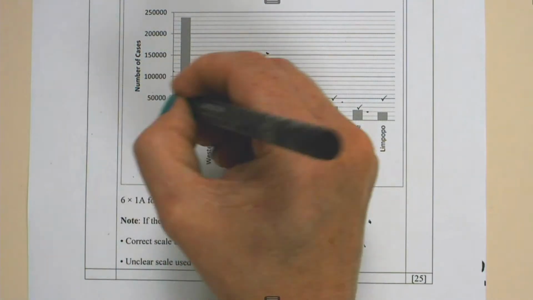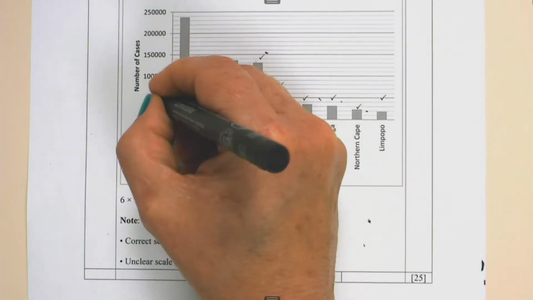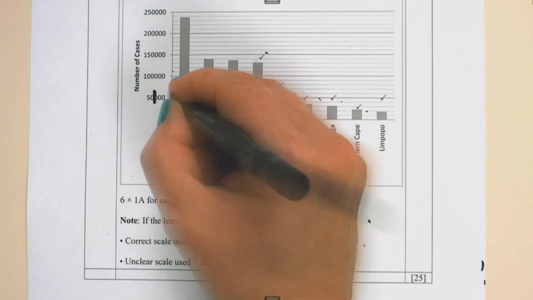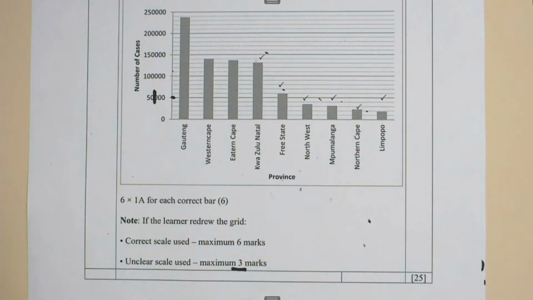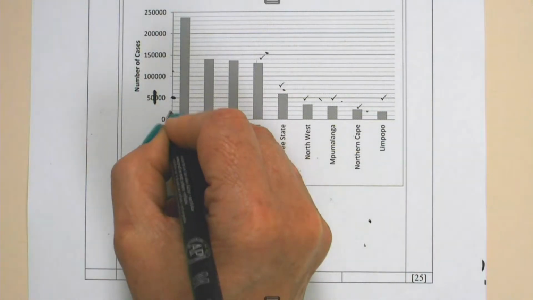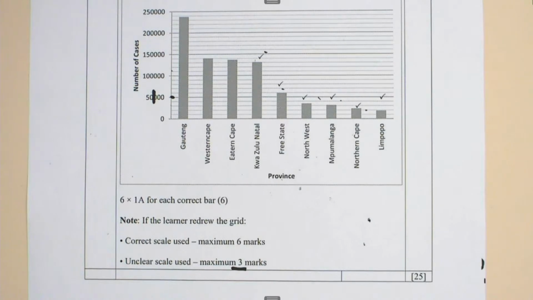But the scale should be clear. Here are 1, 2, 3, 4, 5 intervals, so each little one should be 10, 20, 30, 40, 50,000. What can be a little bit of a problem is exactly where to draw it, because there are 10,000 cases in between those steps. So it is possible that they can be within a millimeter of those bar heights.